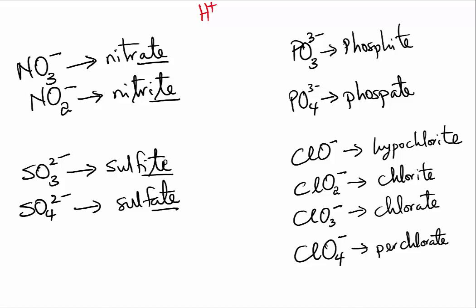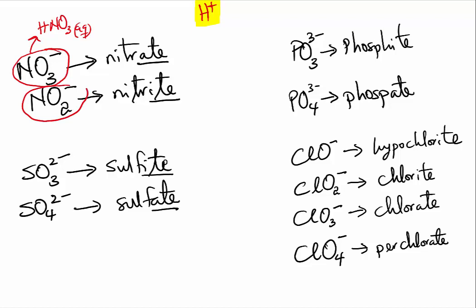I need you to note right now that anytime you see H with a positive charge on it, that is telling you that you are dealing with an acid. So, NO3 with a charge of -1 on it will become HNO3, dissolved in water, because the +1 on the hydrogen will balance out the -1 on the NO3.